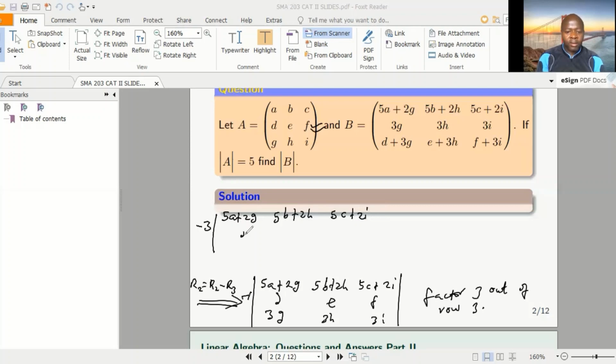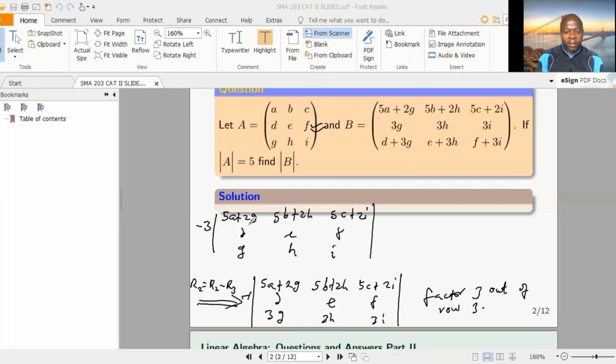And this will be D, E, F, and this other one will be G, H, I. So at least we have row 2 and row 3 in the form we want, because we're expressing matrix B in terms of matrix A. Now, subtracting a row from another row or a multiple of a row from another row has no impact on the determinant. So the new determinant will be the same as the old determinant.